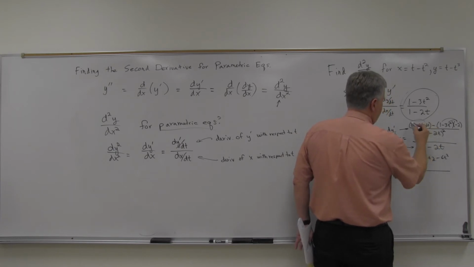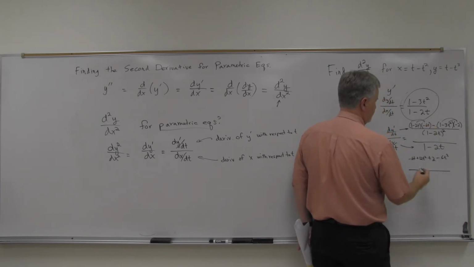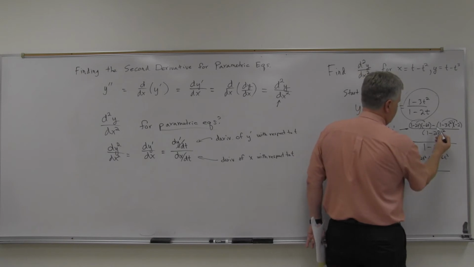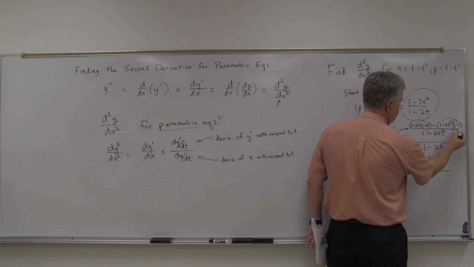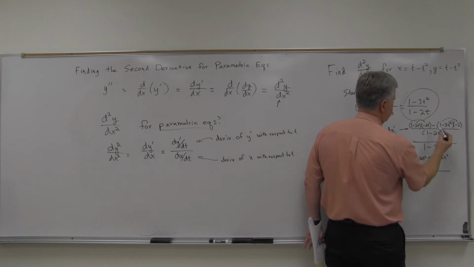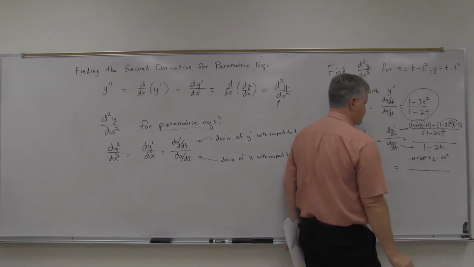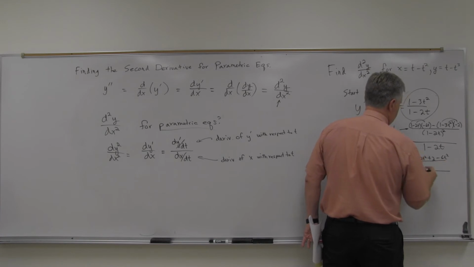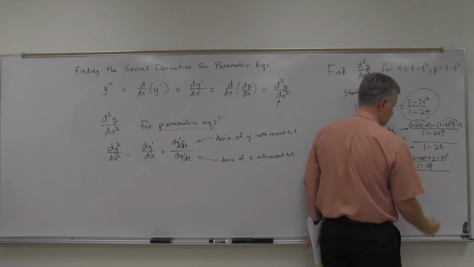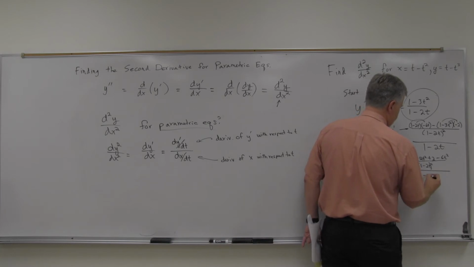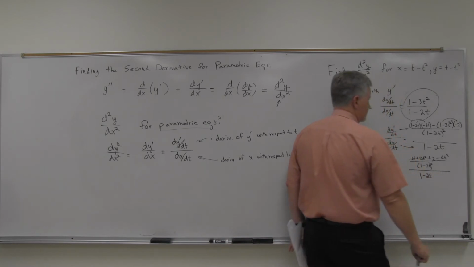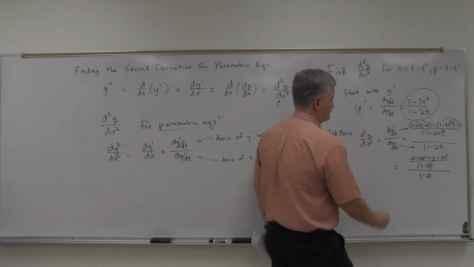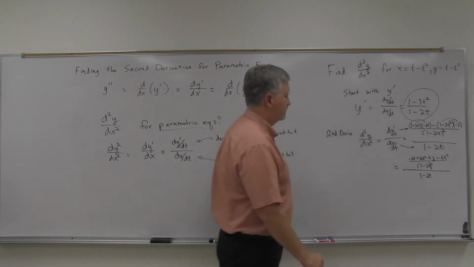So a minus times a minus is a plus. Here, you see I got the plus 2 because you have a minus times 1 times negative 2, so that's positive 2. Now, this is divided by 1 minus 2t squared. And then this is 1 minus 2t. Fix that here in a second.